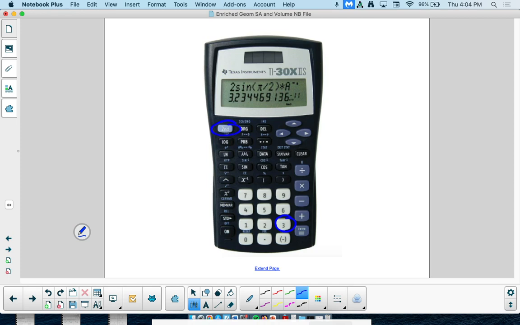Then you're going to hit the up arrow right here. Now it should be a 3 with a little x and the radical symbol on your calculator. Something that looks like this right now. And now you type in your number, 27. So that should have given us 3.